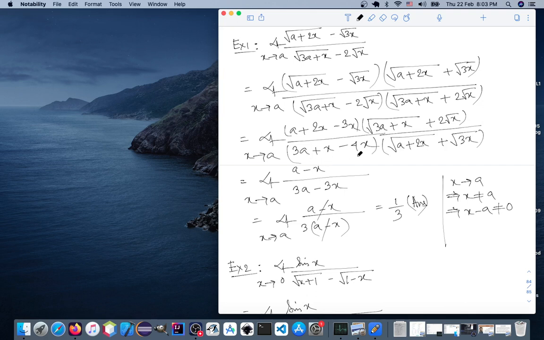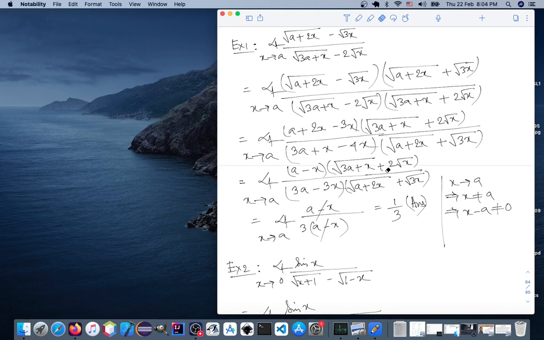So this is fine, and we will have 3a plus x plus 2 root x, and over here we will have a plus 2x plus root 3x.